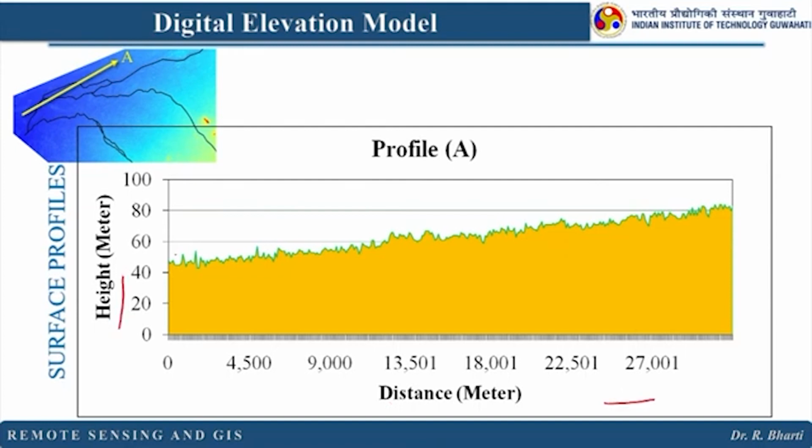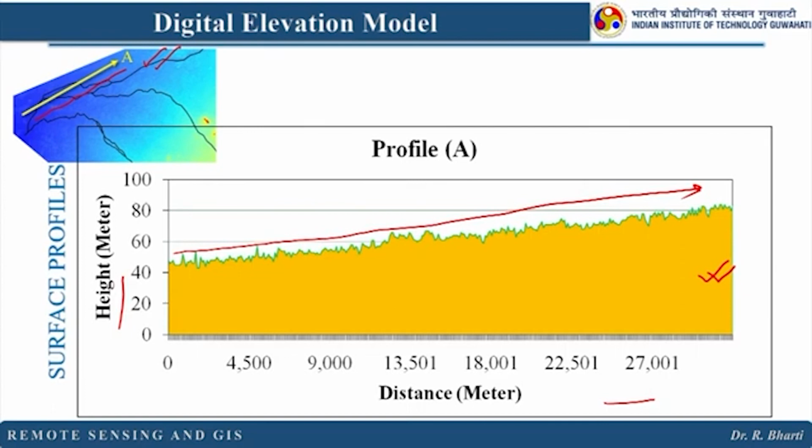You can see this area is increasing like this, right? A very gentle slope. Here also it is visible in the blue color. Now it is slowly going towards this light or yellow color, which means it is increasing slowly. Such information can be easily derived from your digital elevation model.